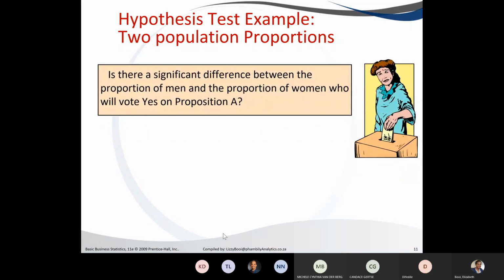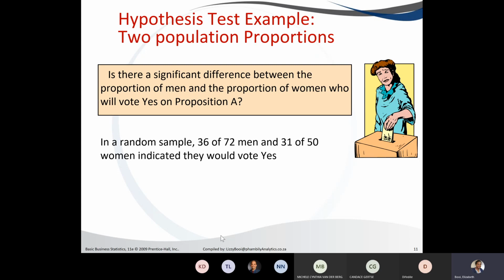If you want to test if there is a significant difference between the proportion of men and the proportion of women who will vote yes on proposition A, and we want to test this hypothesis. We selected a random sample from these two populations, the population of men and the population of women.